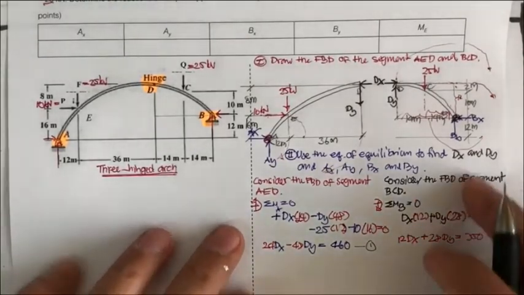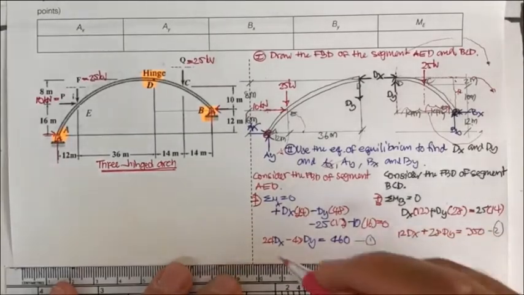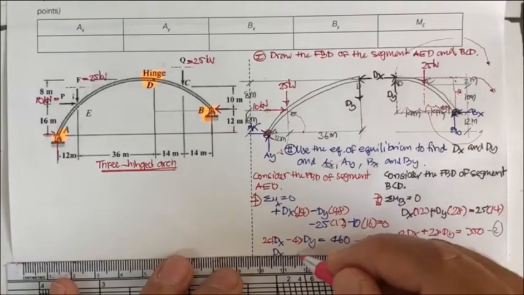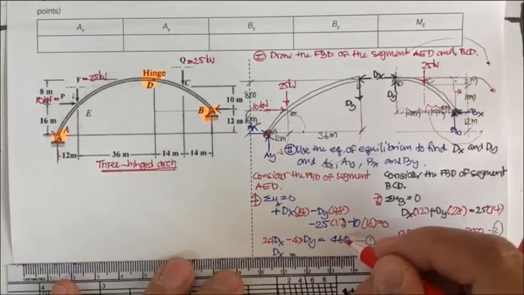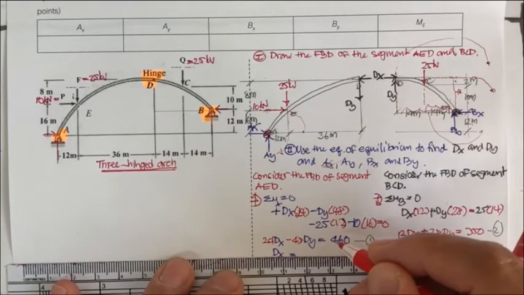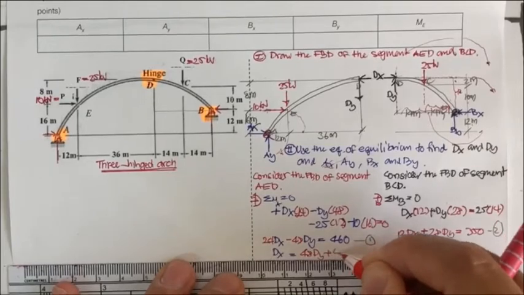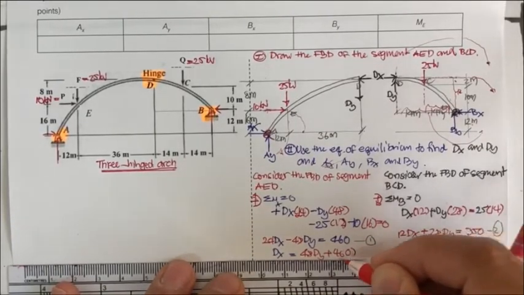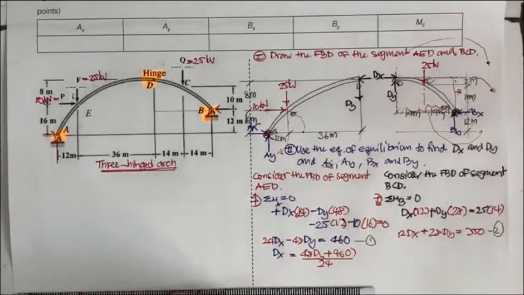Okay, to solve this we may rewrite this equation to be a simpler one. Let's make D sub x equal to, when you put this across, 48 D sub y plus 460, and then you divide it by 24, right?